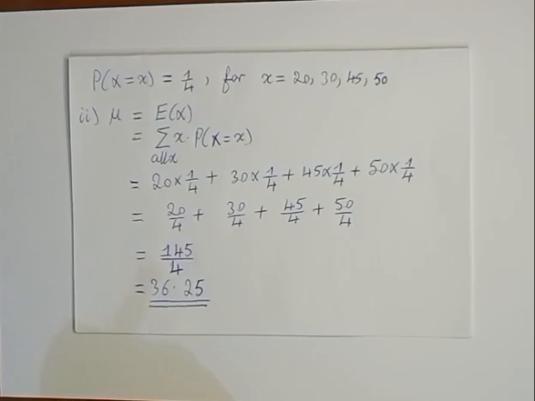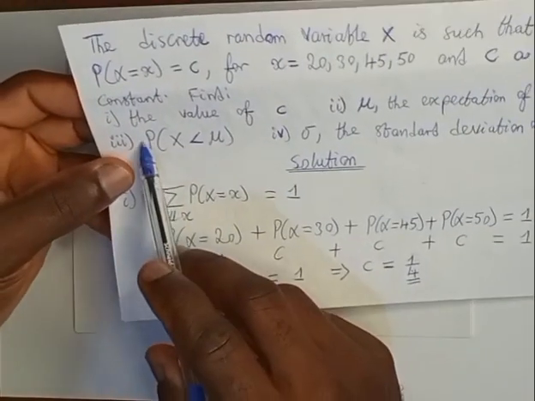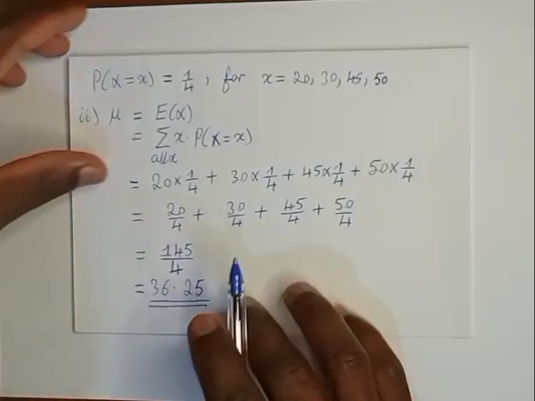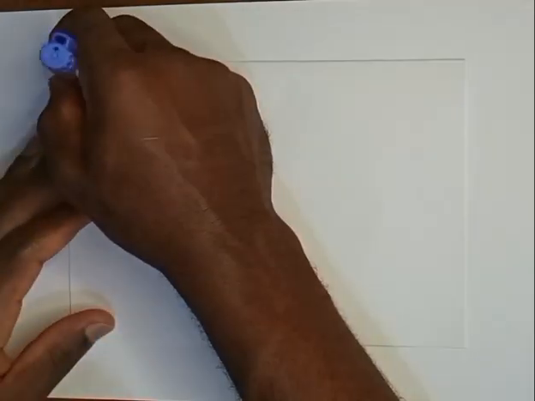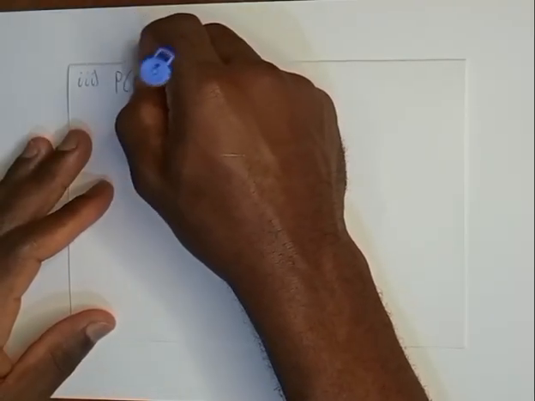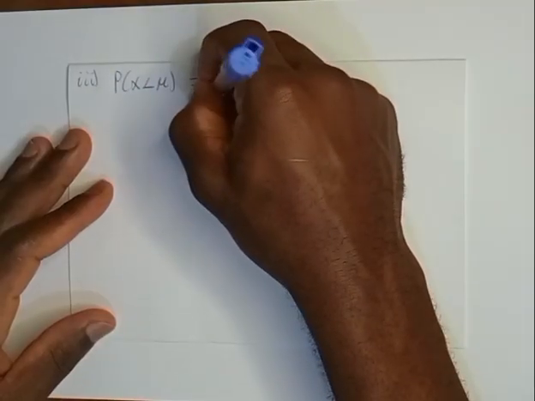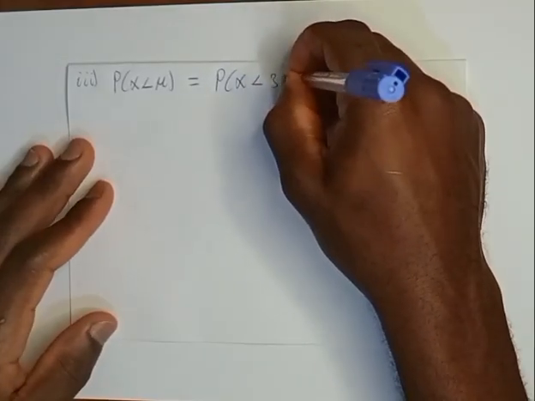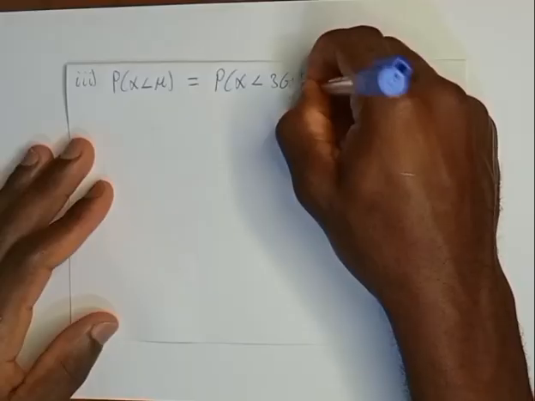Next, we have to find P of x less than mu. That means x less than 36.25. 3(i). P of x less than mu will simply be equal to P of x less than 36.25.